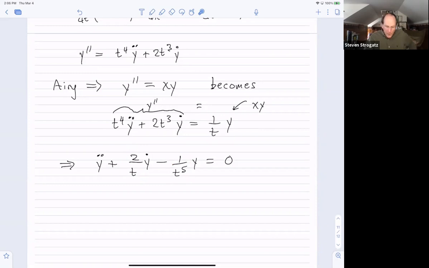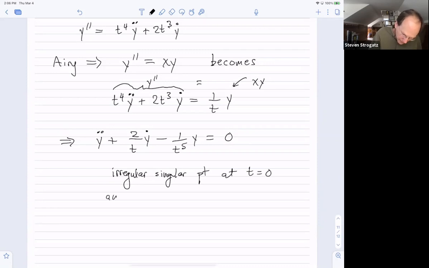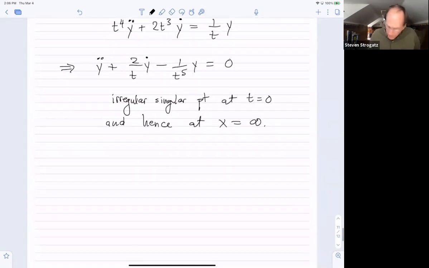So this is an irregular singular point, and therefore the same is true at x equals infinity. Okay, so Airy's equation has a singular point out at infinity. And a lot of our examples will.